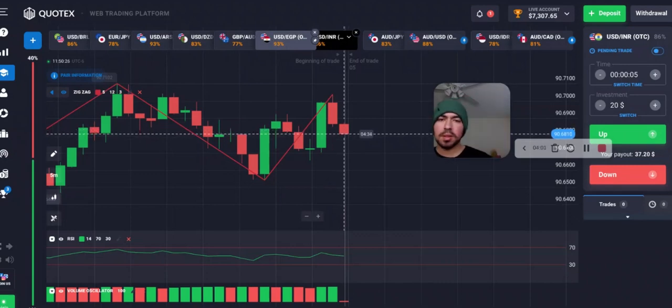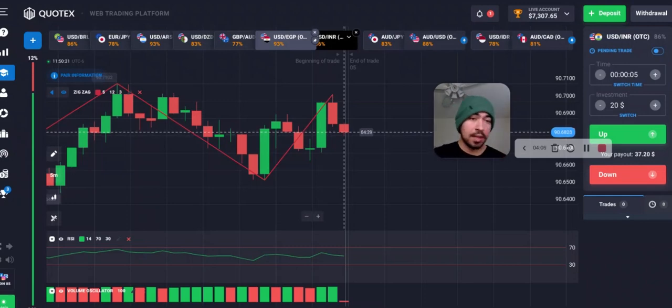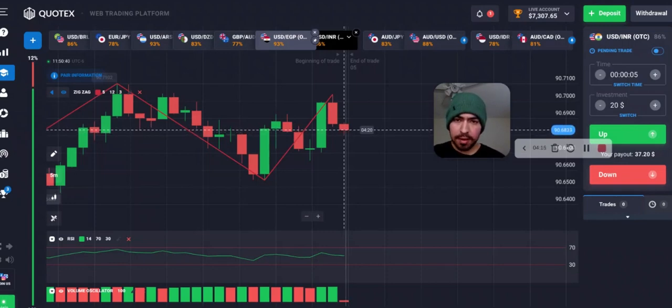So basically with the double up strategy, the thing that you are doing is, for example, I'm starting off with $20, right? I put a position. If the position is in profit, then I don't do anything, right? But if it's moving against my position and we're seeing that it's still within a resistance level, that it's still going to be continuing within that same zone, then what we do is we double up.